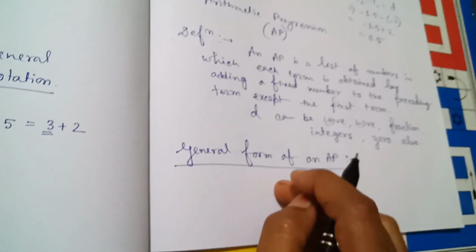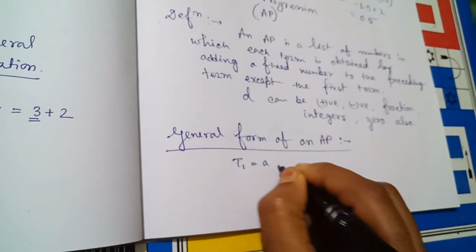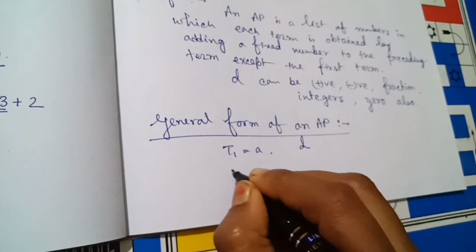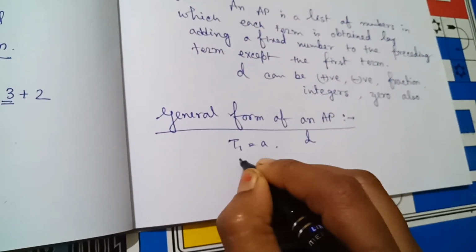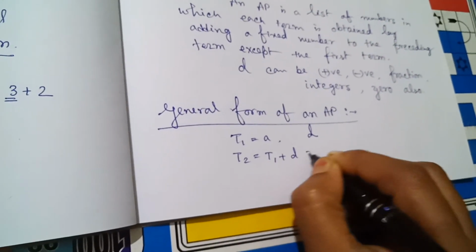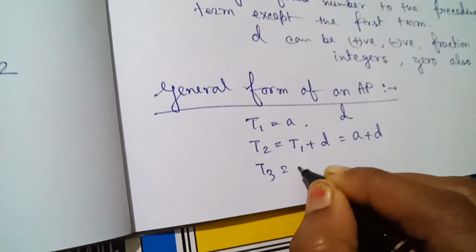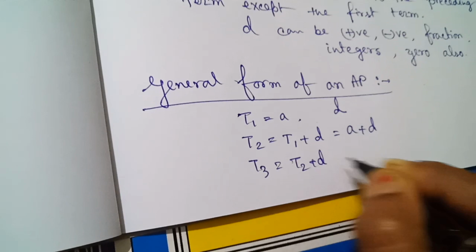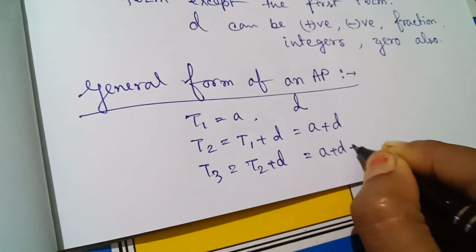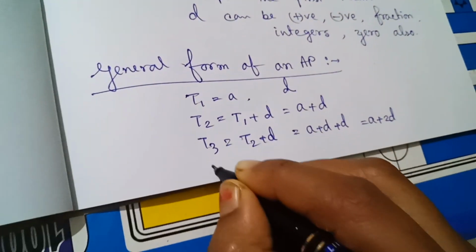For this, if we take the first term T1 as A and common difference as D, then we can write T1 equals A, T2 equals T1 plus D, that means A plus D, T3 equals T2 plus D, that means A plus D plus D, so it's A plus 2D.